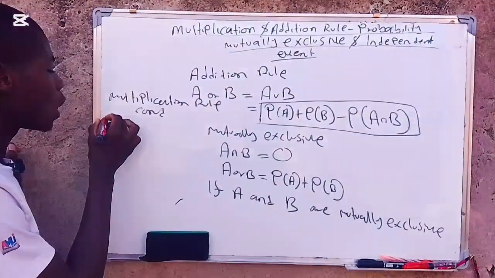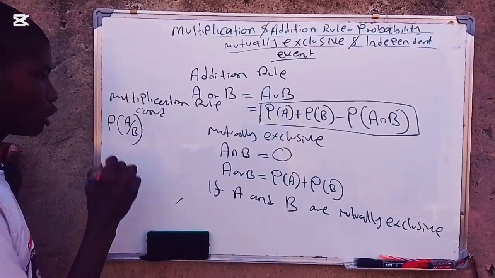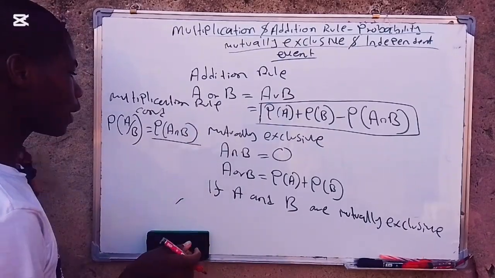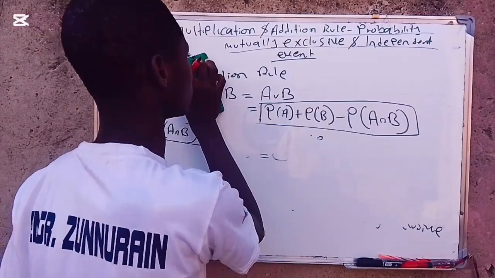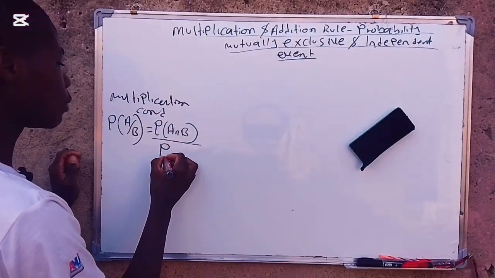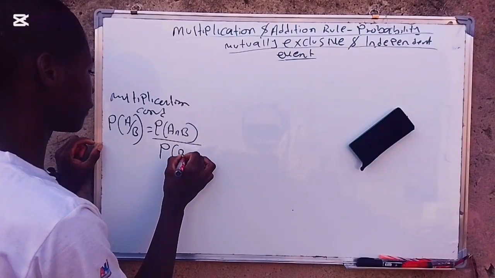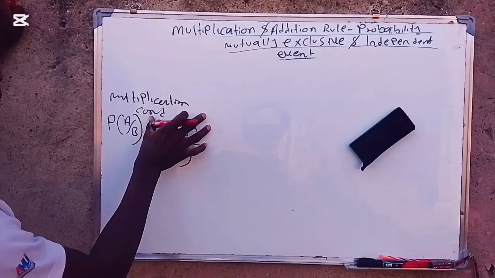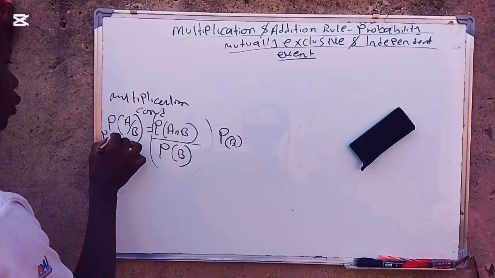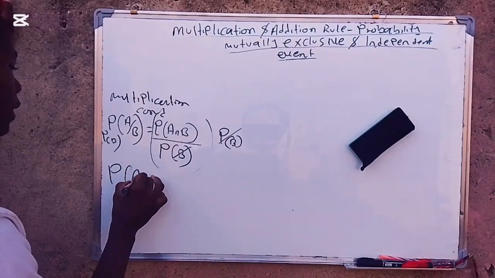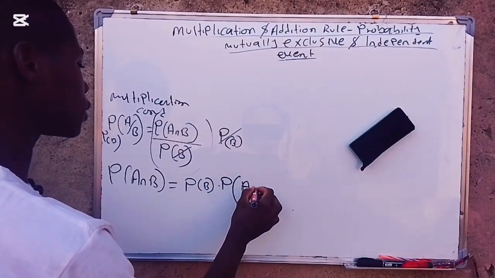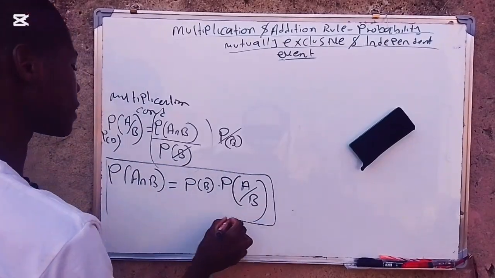The probability of A given B is equal to the probability of A and B divided by the probability of B. I'm looking for the probability of A and B. If I multiply both sides by the probability of B, this will cancel this, and therefore I'll end with the probability of A and B equal to the probability of B multiplied by the probability of A given B.